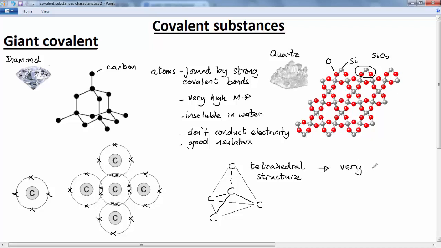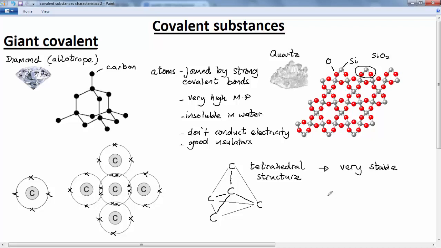As you can see in the case of diamond, this tetrahedral structure goes on repeating itself over and over again, and it is precisely this that makes the diamond such a very, very hard, very stable structure. Now, diamond is what we call an allotrope of carbon.